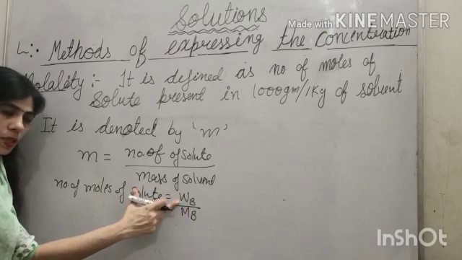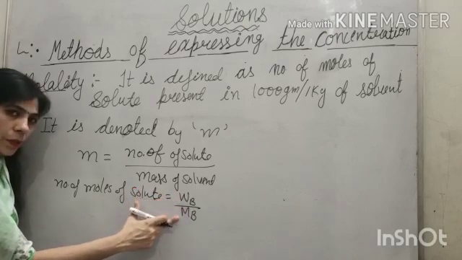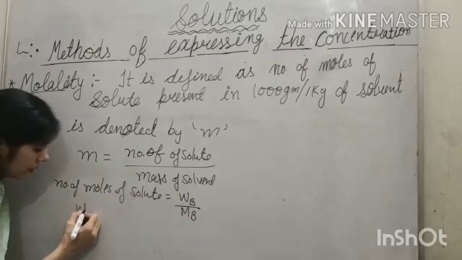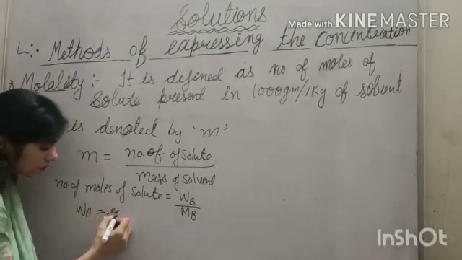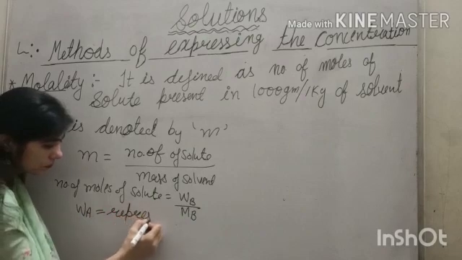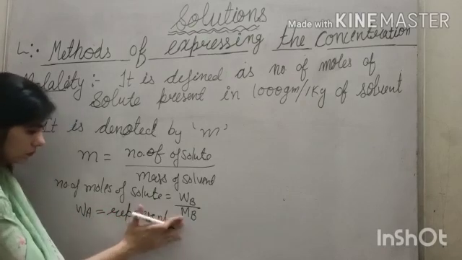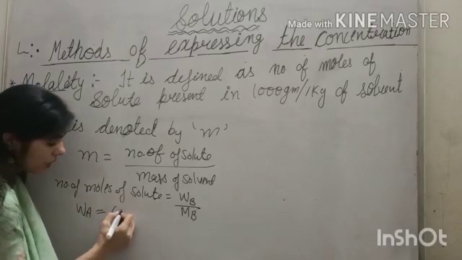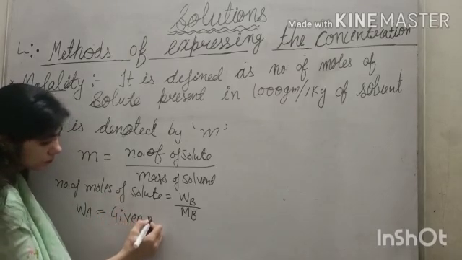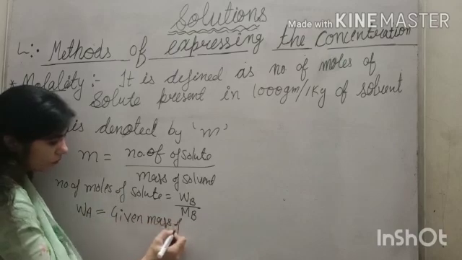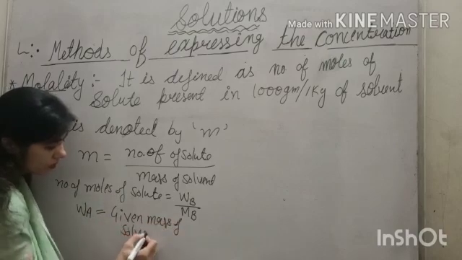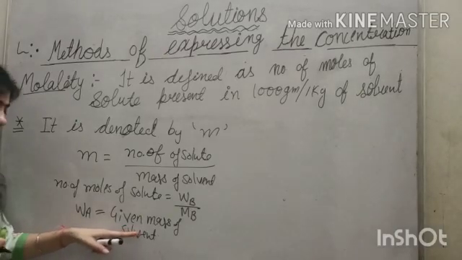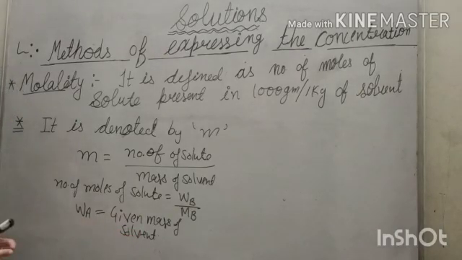WB represents the given mass and MB represents the molecular mass, and WA represents the given mass of solvent.